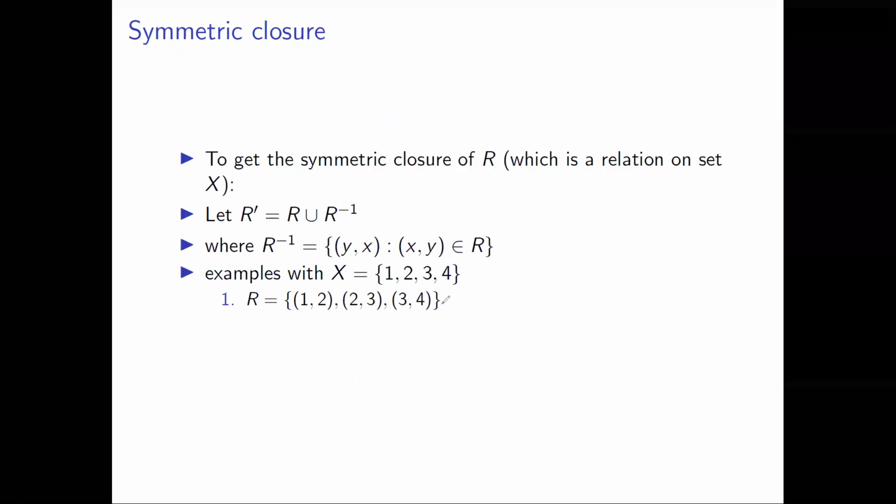So here, with this R, we first find our inverse. R inverse is equal to the following set. We just take each ordered pair and we swap the order of the elements. 2, 1, 3, 2, and 4, 3.